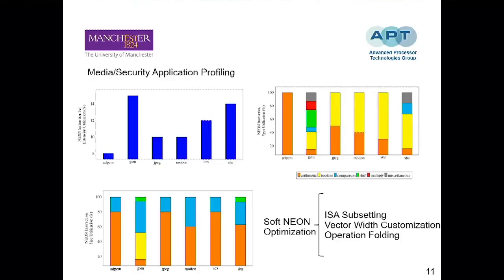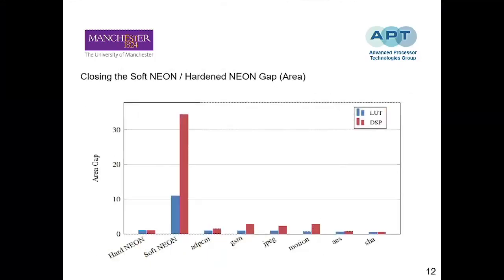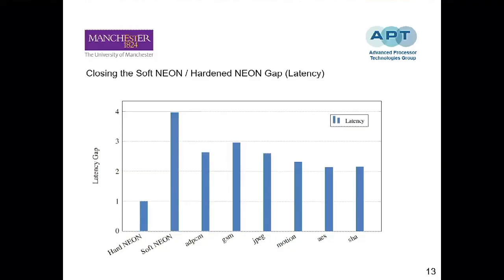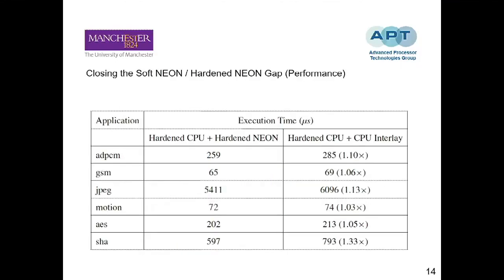So what we did then was to do some profiling. As we know, not all the applications use all the instructions and not all the vector lengths. So we implemented some optimizations, and we were able to reduce that gap substantially for performance and for area.